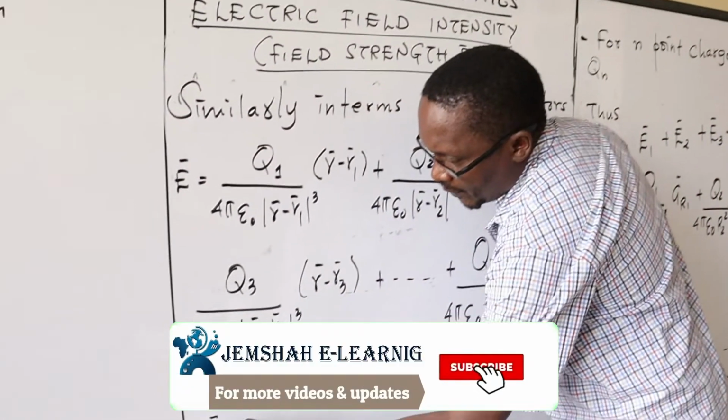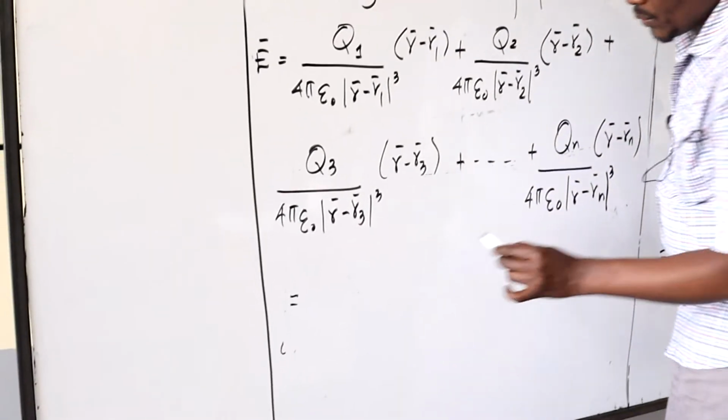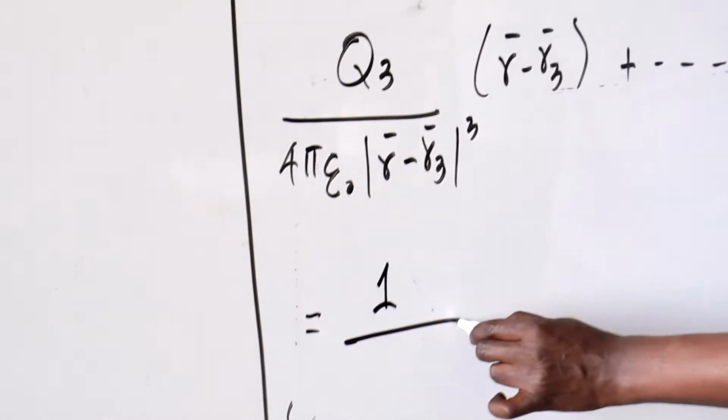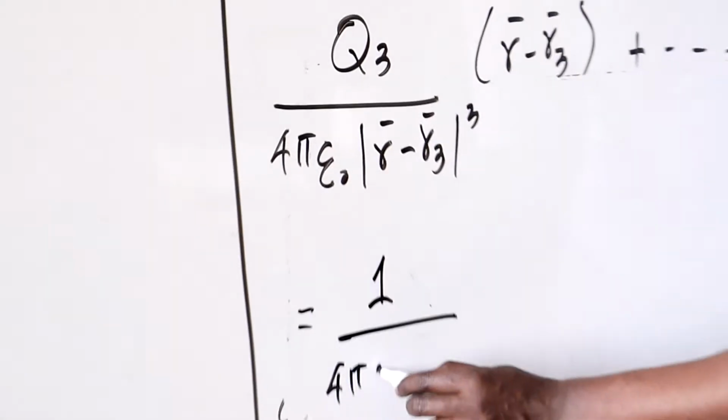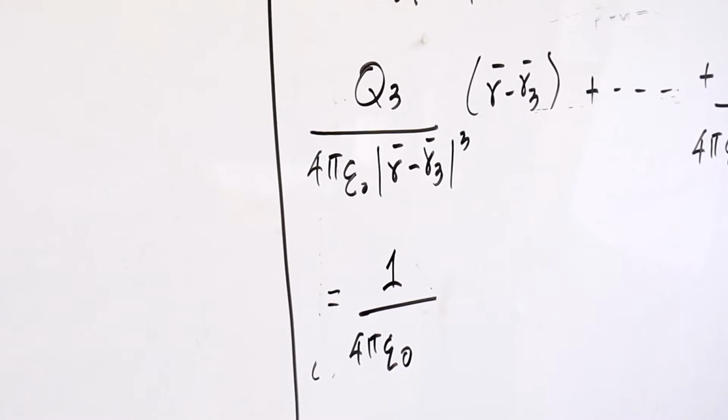So again, if we look at our common term here, we're going to have 1 over 4 pi epsilon naught as being our common term.